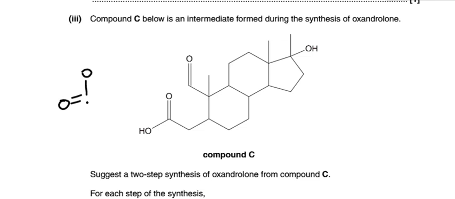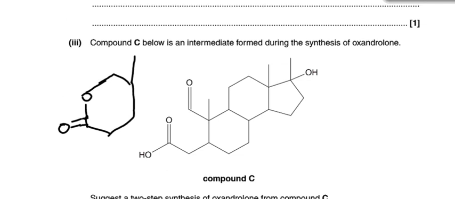So there you had what is going to be made into that cyclic ester. You've got here the intermediate compound C, which has these 2 functional groups, a carboxylic acid here and an aldehyde.